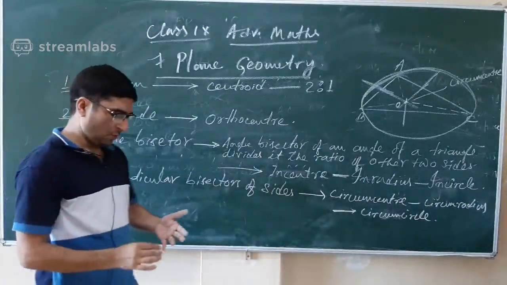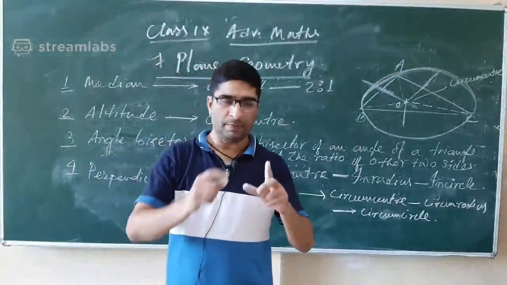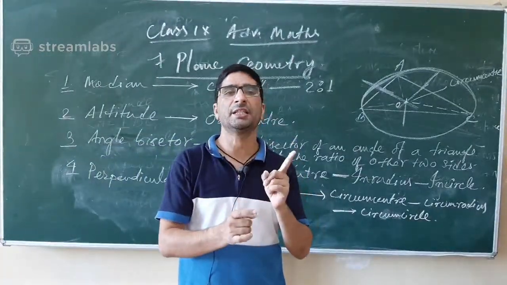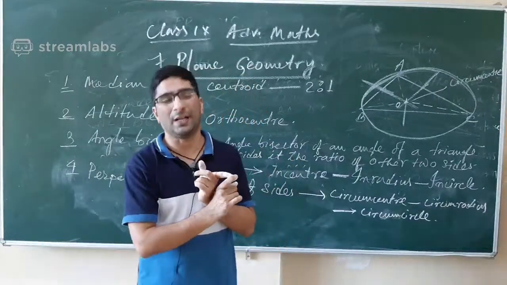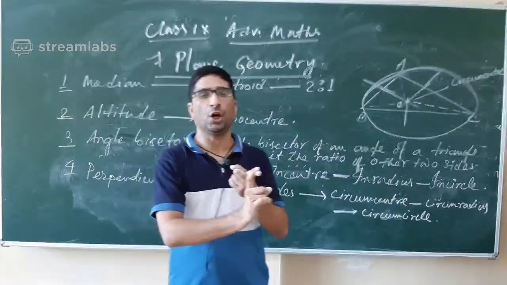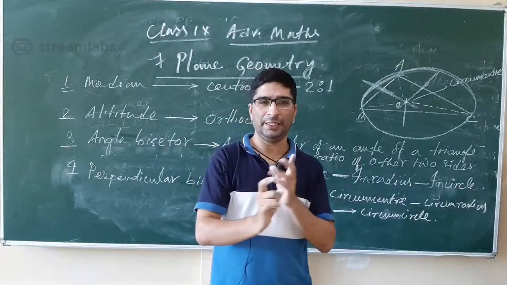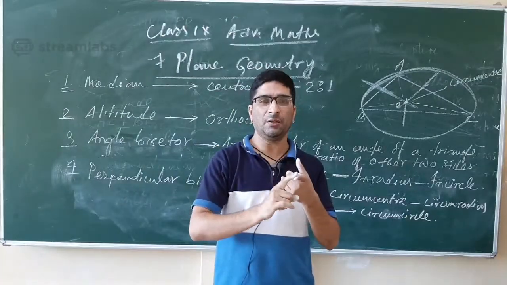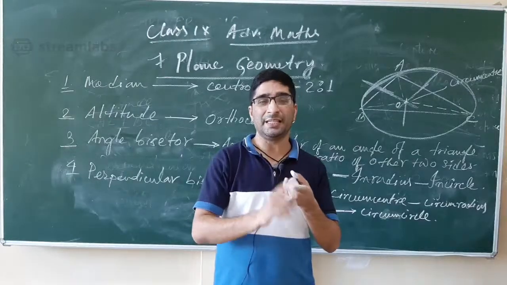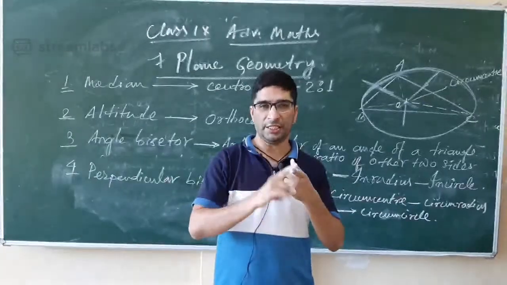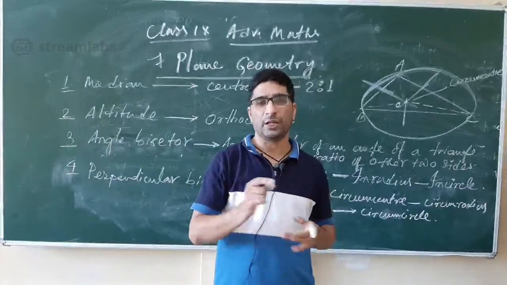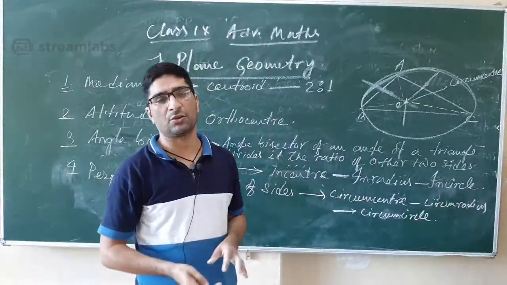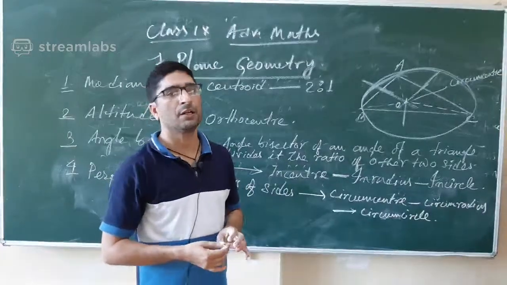Once again, meeting point of medians is centroid, it divides the median in the ratio 2:1. Meeting point of altitudes is orthocenter. Meeting point of angle bisectors is incenter. Taking incenter as center, we can draw a circle which is called incircle and the radius is called inradius.